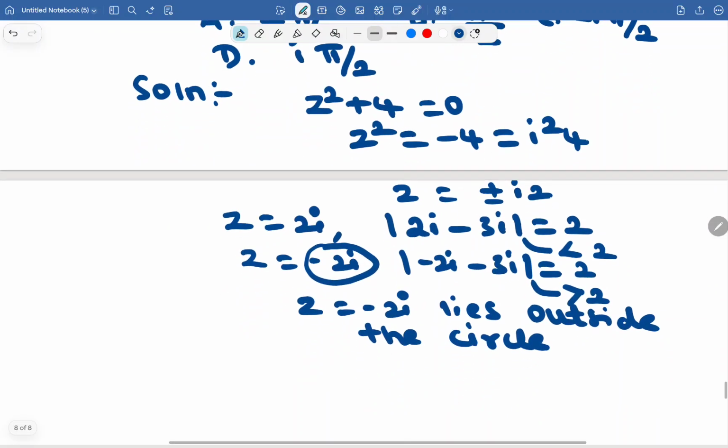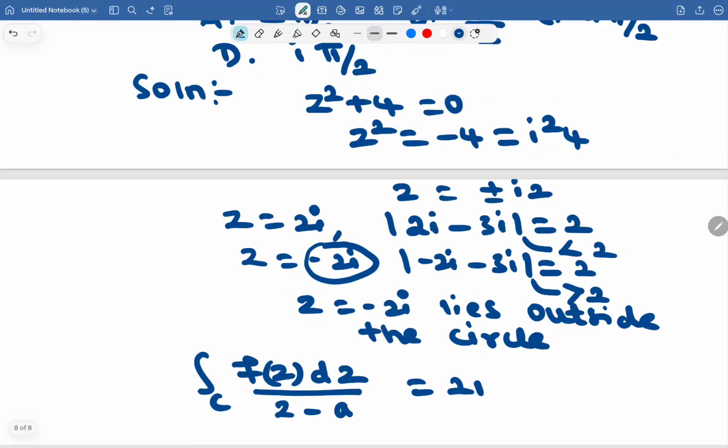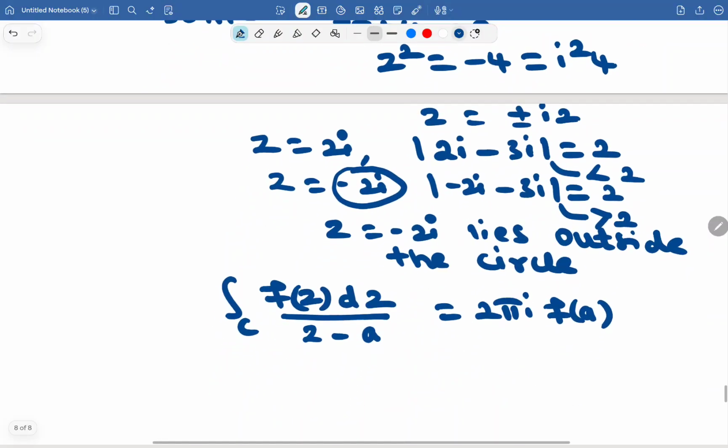the circle. By Cauchy integral formula, integral C f of z dz by z minus a, which is equivalent to 2 pi i f of a.